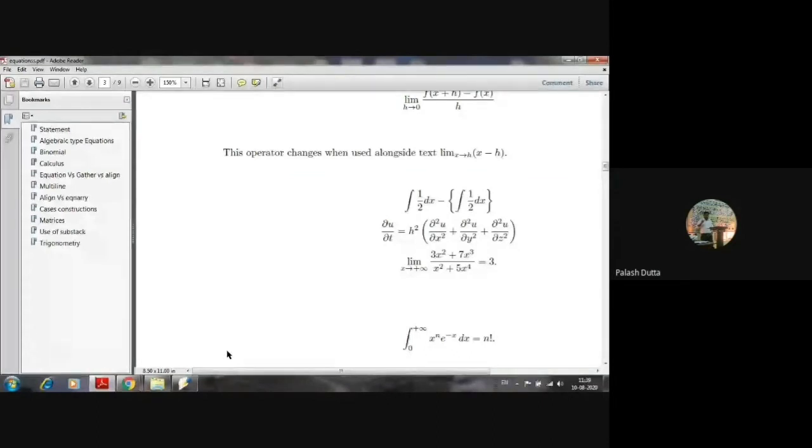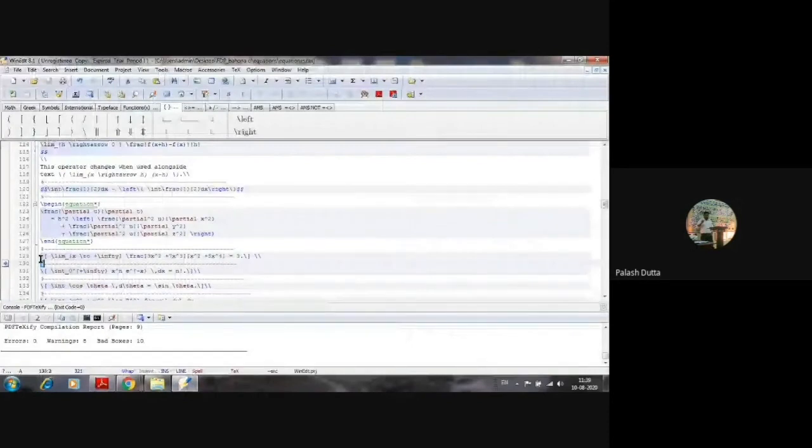And for this expression, our command will be, see here, slash lim, underscore x slash to positive infinity, then slash frac or dfrac of this expression, and in the denominator this expression, equal to 3, right?